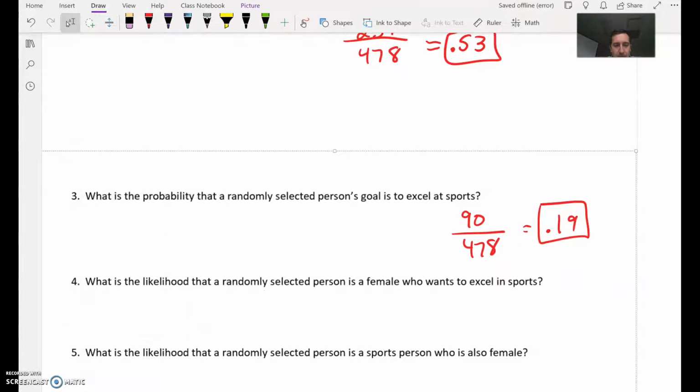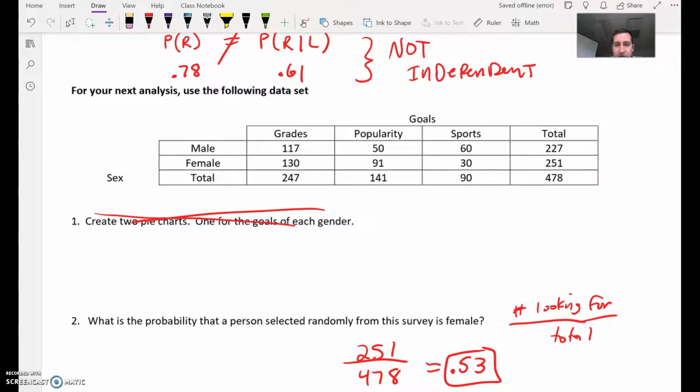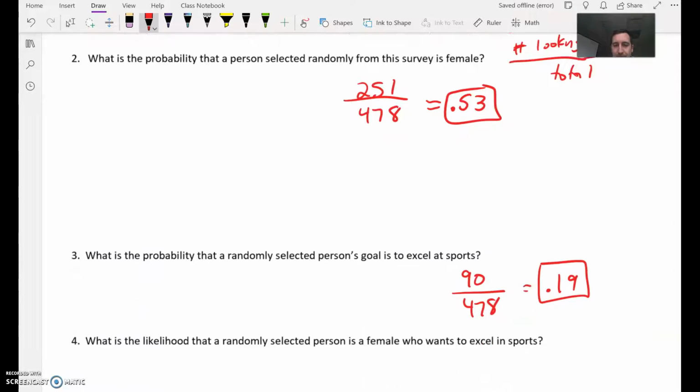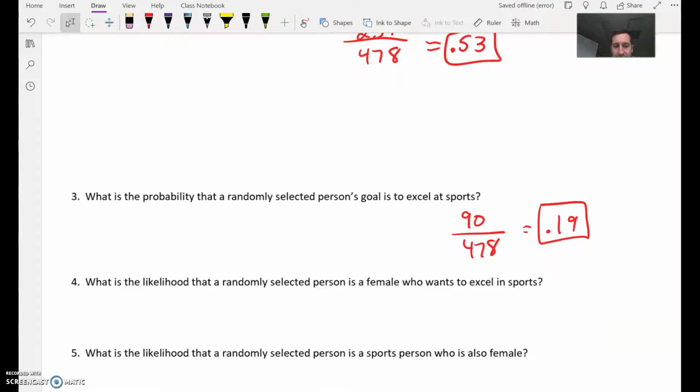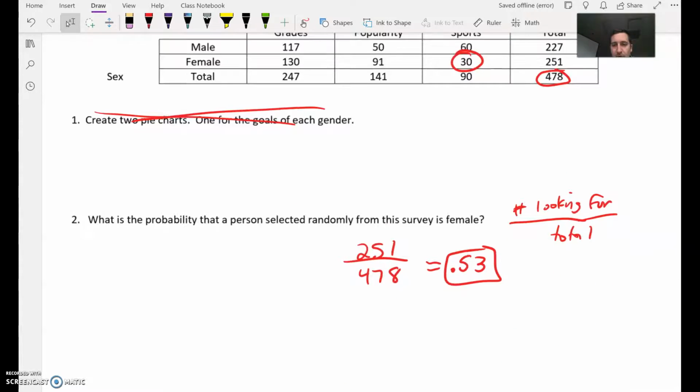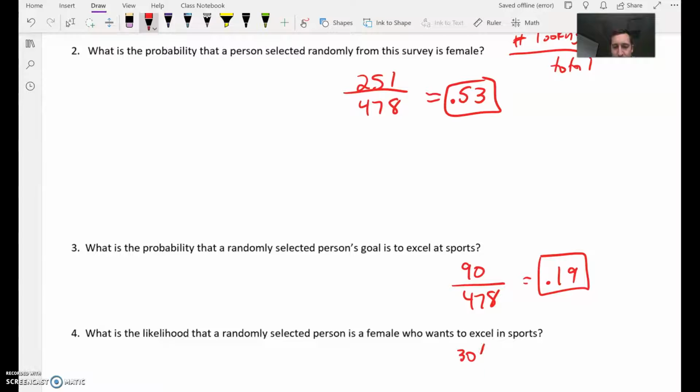Number 4, what is the likelihood that a randomly selected person is a female who also wants to excel at sports? Well, it's going to be a smaller probability. So we can go up here and just circle the females who want to excel at sports. That's 30 out of 478.